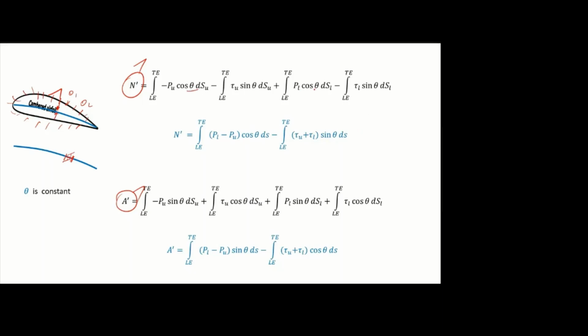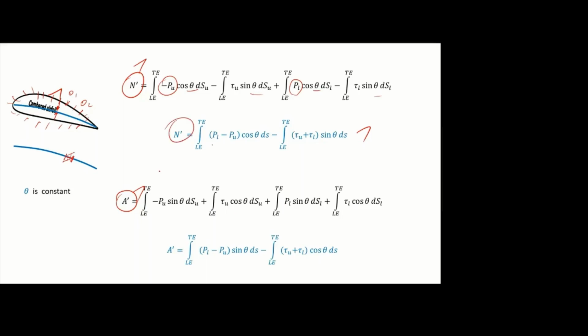That is, theta is constant. In that case, if you take cos theta outside, we can write PL minus PU into cos theta ds. Similarly, here I can write it as tau u plus tau l into sin theta ds. For thin aerofoil, the theta is constant, so we can take cos theta, sin theta commonly outside.